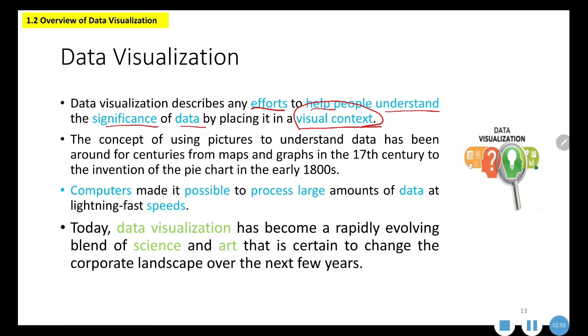Computers help to make this possible, because our brain can actually process information that we view from graphic images better than reading the content. So with the help of computers, people can be more productive, in order to create a very useful representation of data at a very lightning fast speed, in a very fast way.